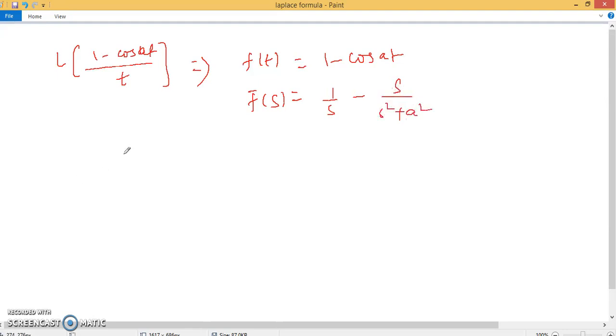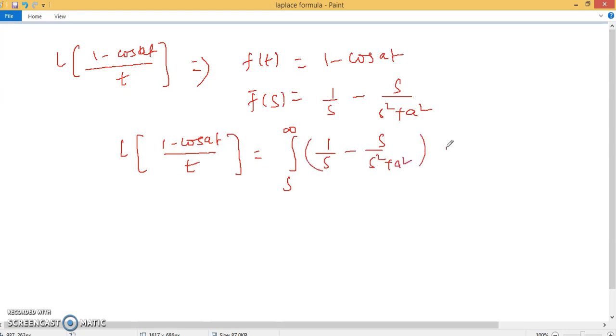So now to find the Laplace of (1 minus cos at) by t, we can rewrite it as the integration from s to infinity of 1 by s minus s by s square plus a square, with respect to ds. The integration of 1 by s is log of s, and minus the integration of the other term gives log of s square plus a square. So we can write log of s by the square root of s square plus a square from s to infinity.